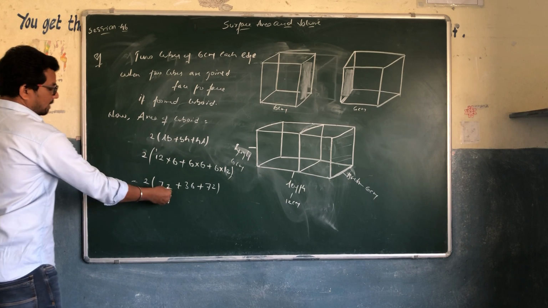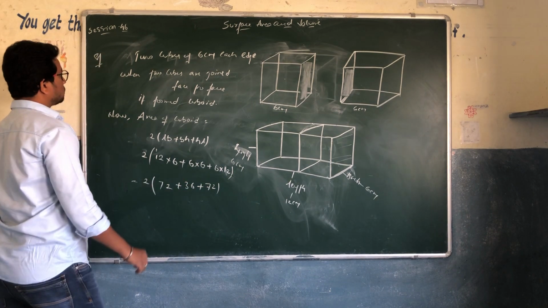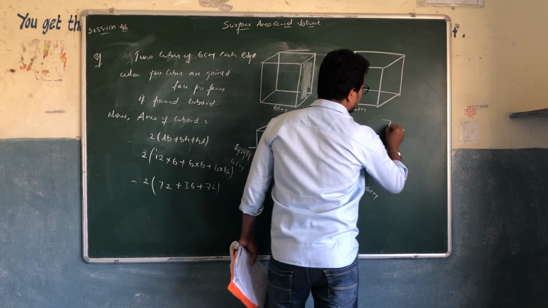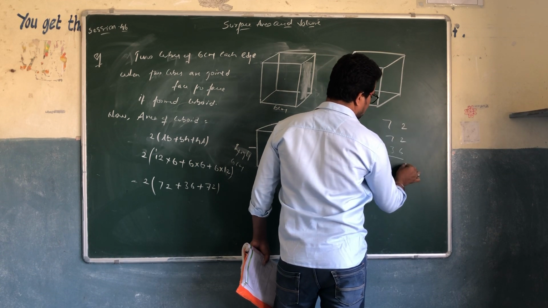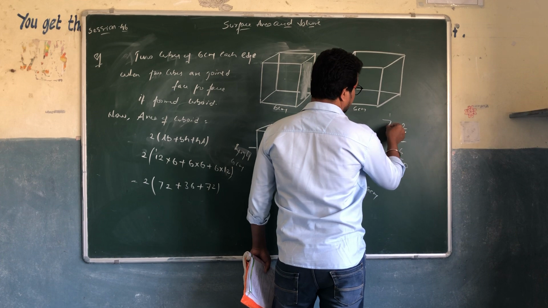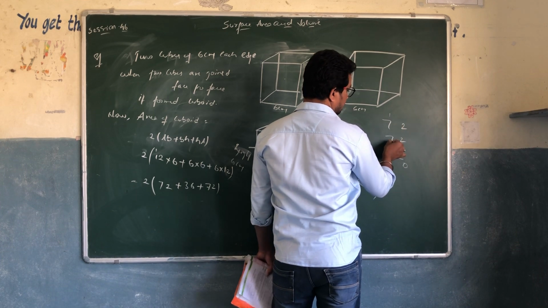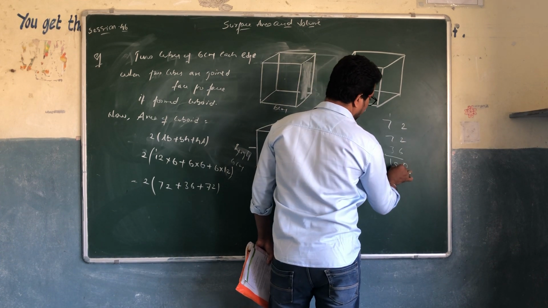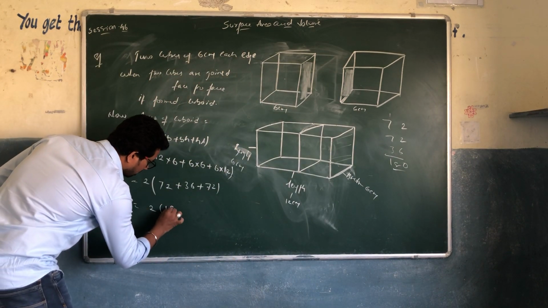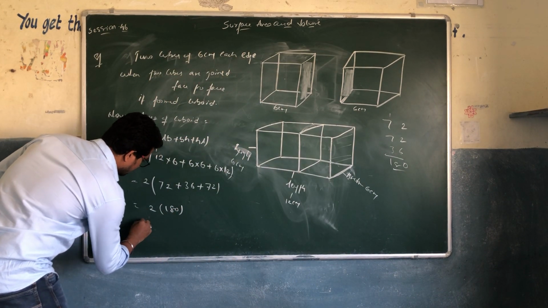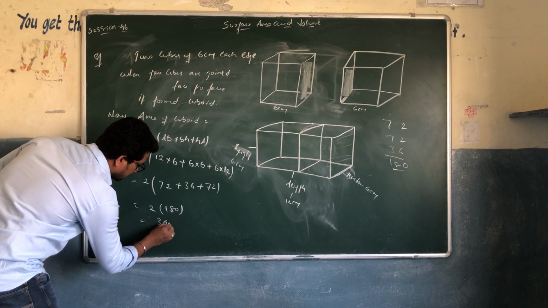Now 72 plus 72 plus 36, how much will we get? 180. Now 2 into 180 is 360.